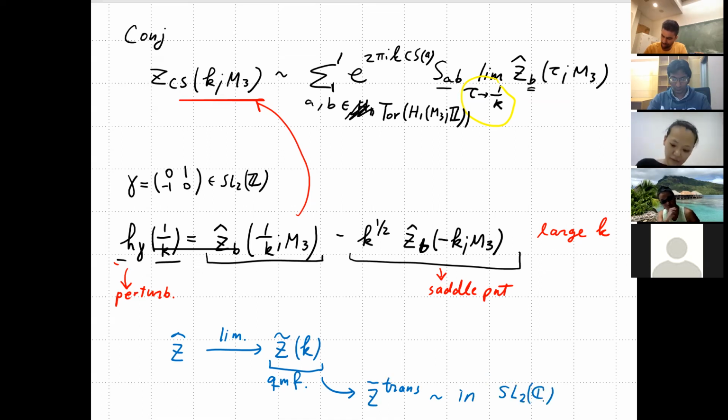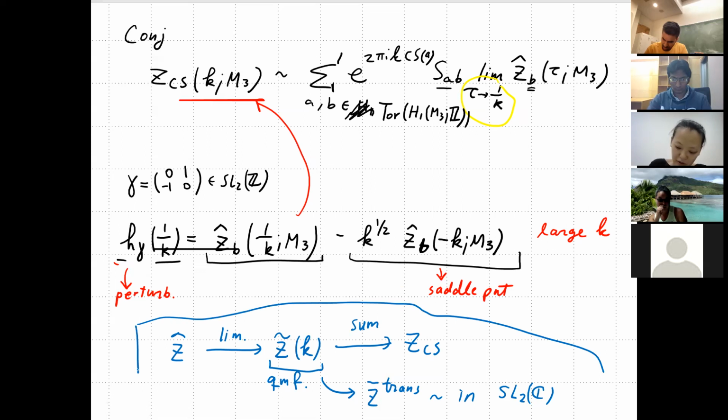And then you can again take some sum over some labels that are well understood by now and get the WRT. So that's quantum modularity and why it's natural and necessary in this current context.